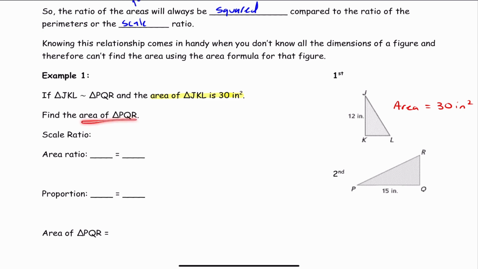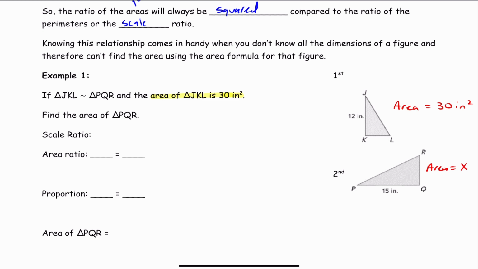But the area of triangle PQR is unknown. So the area of triangle PQR is our unknown. So I'm going to write x for that one, because x is always going to be our favorite variable when it comes to the unknown. Again, these two figures must be similar in order for us to do this type of procedure.